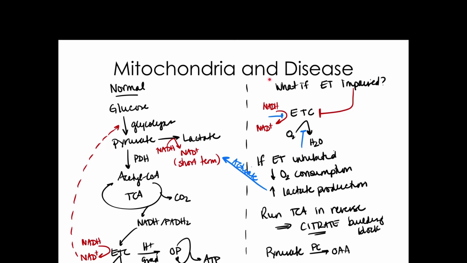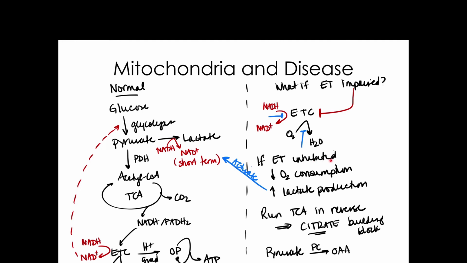So if we think about what happens if we impair electron transport, that means we're impairing the ability of the electron transport chain to regenerate NAD+. We're impairing the ability of electrons to be delivered to molecular oxygen to generate water.